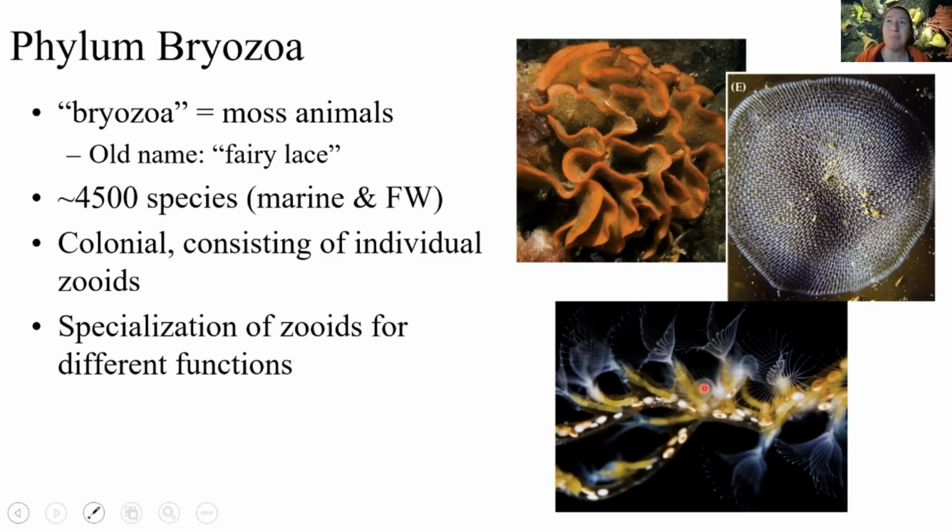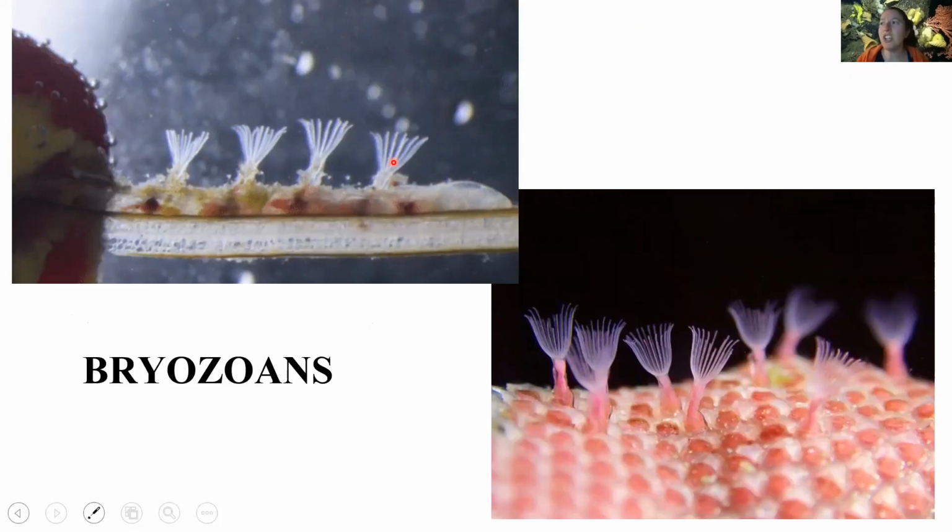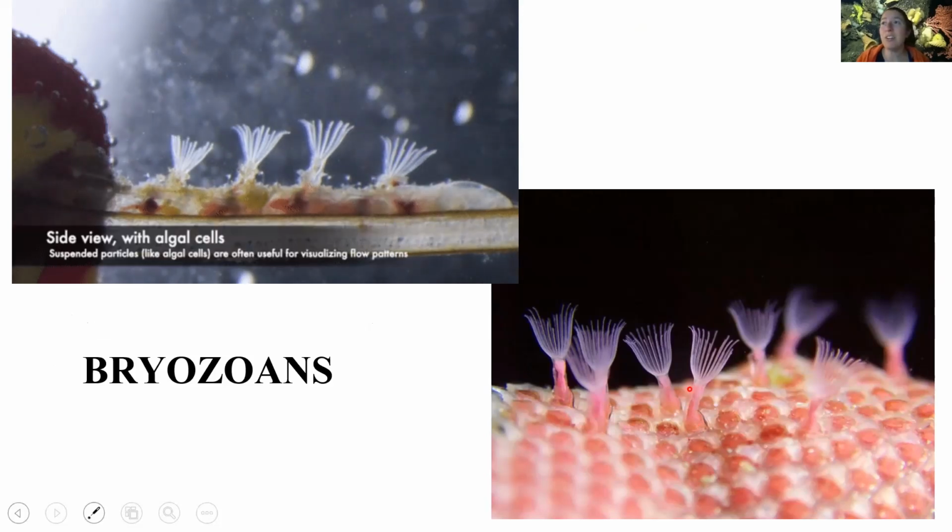Collectively, they're called the bryozoa, which translates from Latin to mean the moss animals. They used to also be called fairy lace, which I think is just lovely. But if you look close up at any of these, each little chamber is an individual clone again, and those clones are each filter feeders.